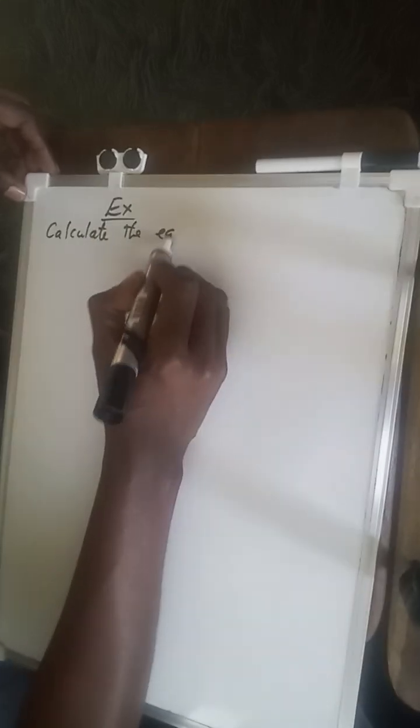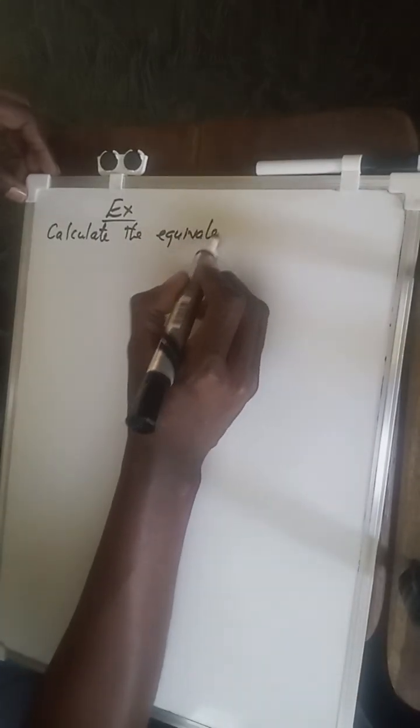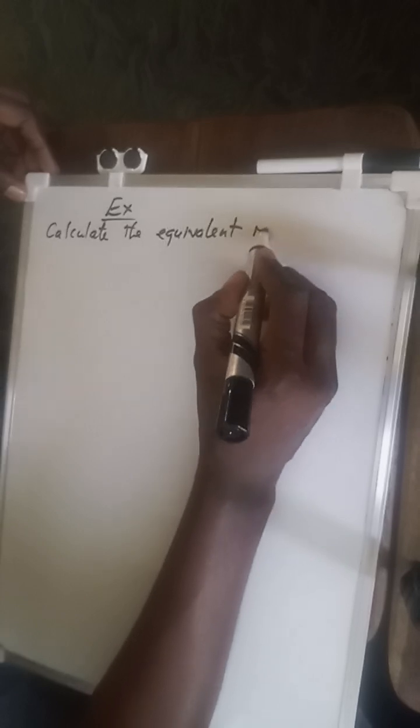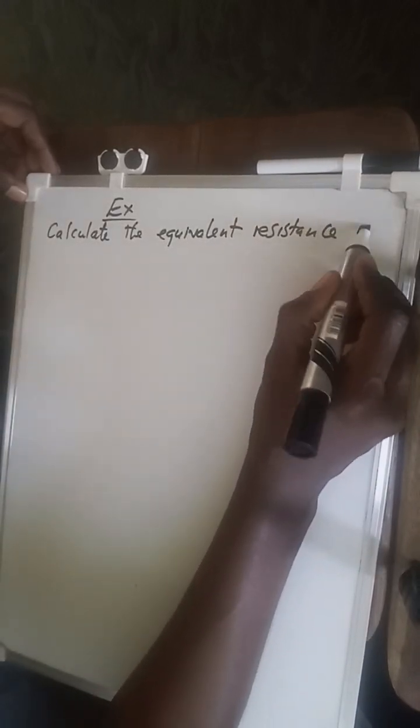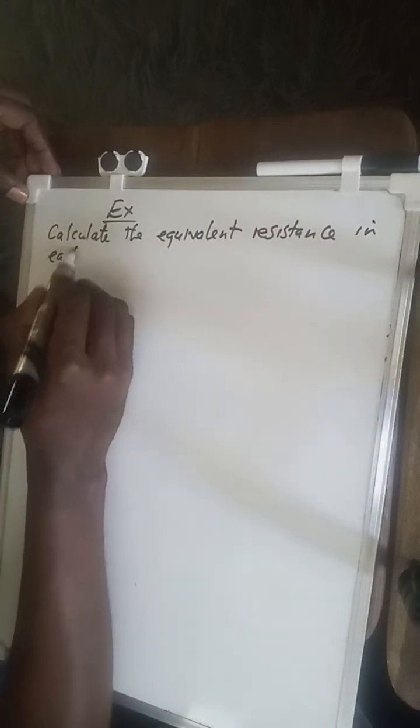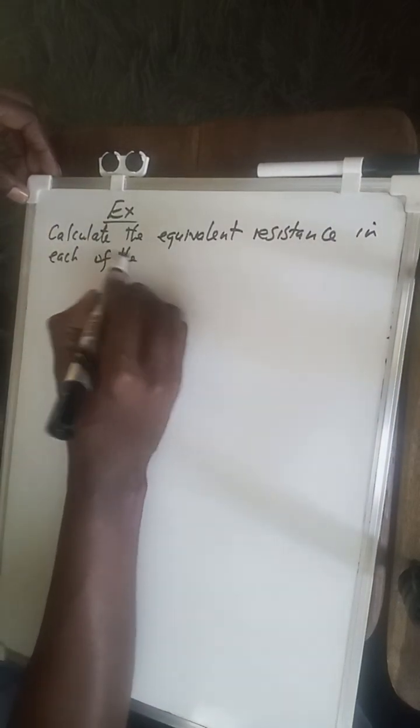Well, let's apply some more and try to see how you can go about that. The question may simply say, as an example, calculate the equivalent resistance in each of the following.